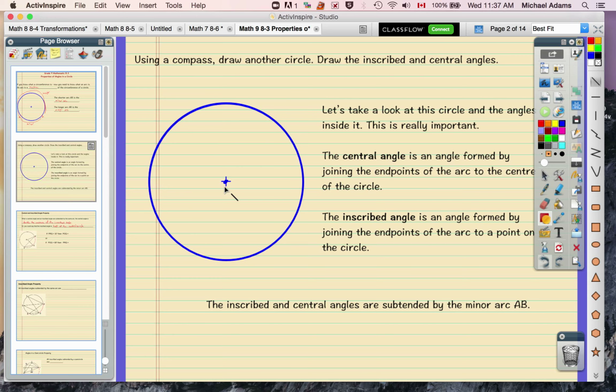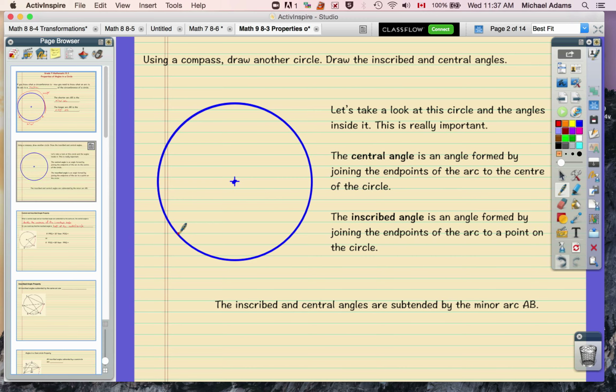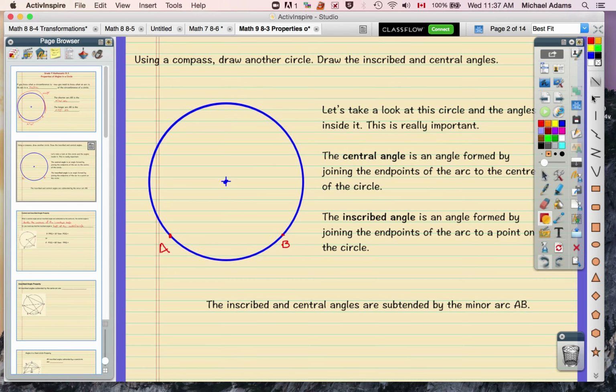So let's say I'm going to put my points out here again. I'm going to put a point here and call this point A again, and this will be point B. So now I'm going to use this minor arc AB, and I'm going to join the endpoints of the arc to the center of the circle.